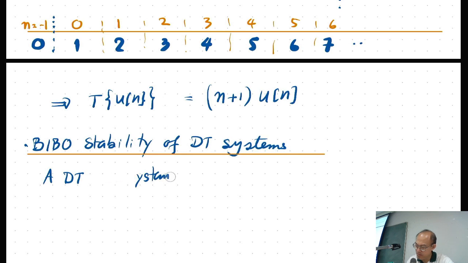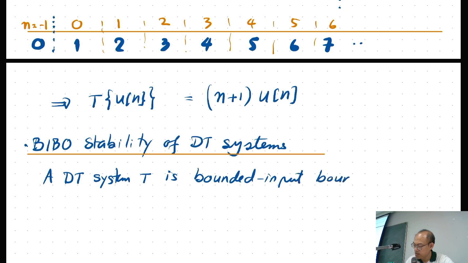Let's talk about just a discrete time system. Sorry about that. A discrete time system T is bounded input, bounded output stable.